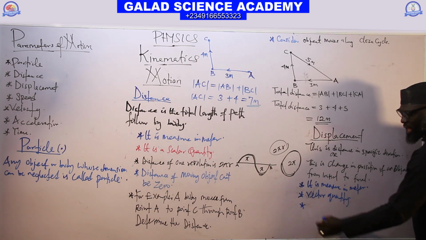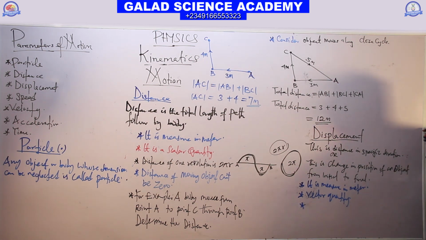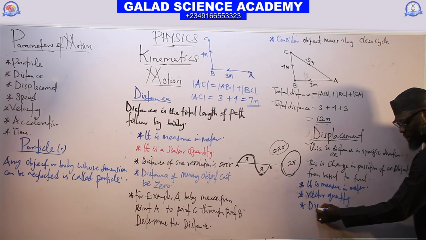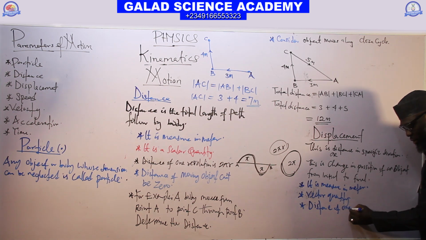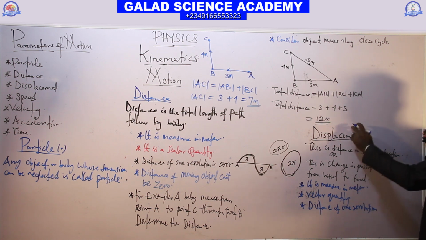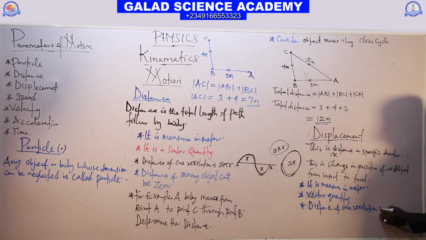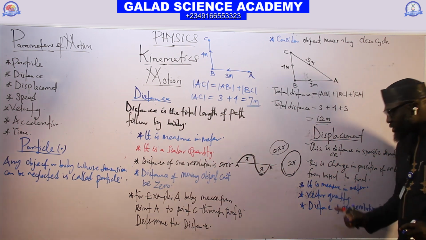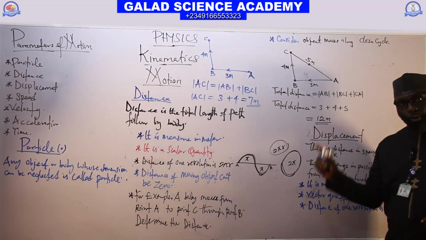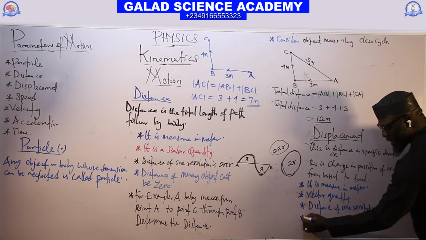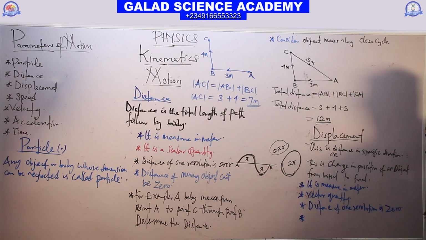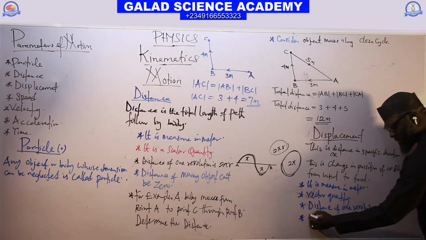And for one revolution, the displacement is 0. For displacement in a cyclic form, it should be 0. And the displacement can be 0.